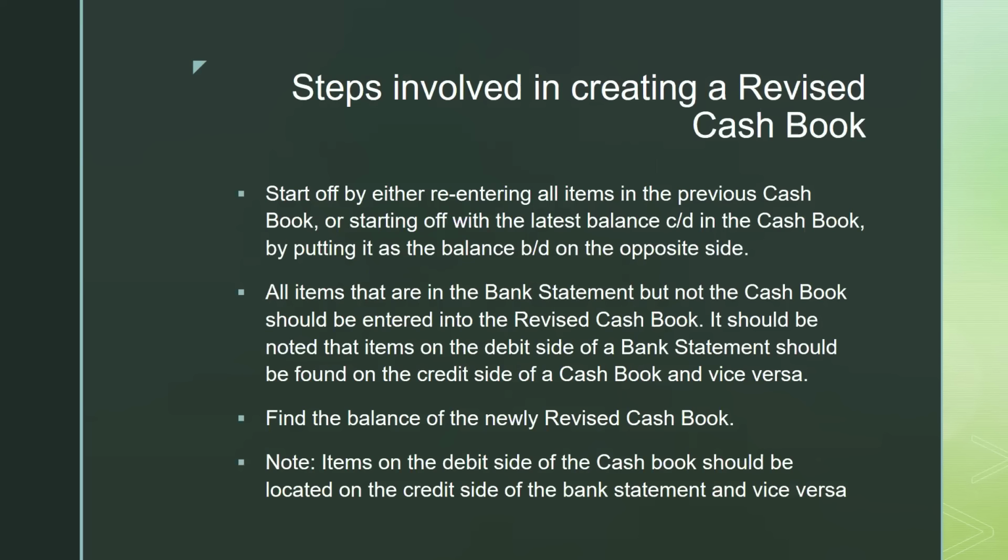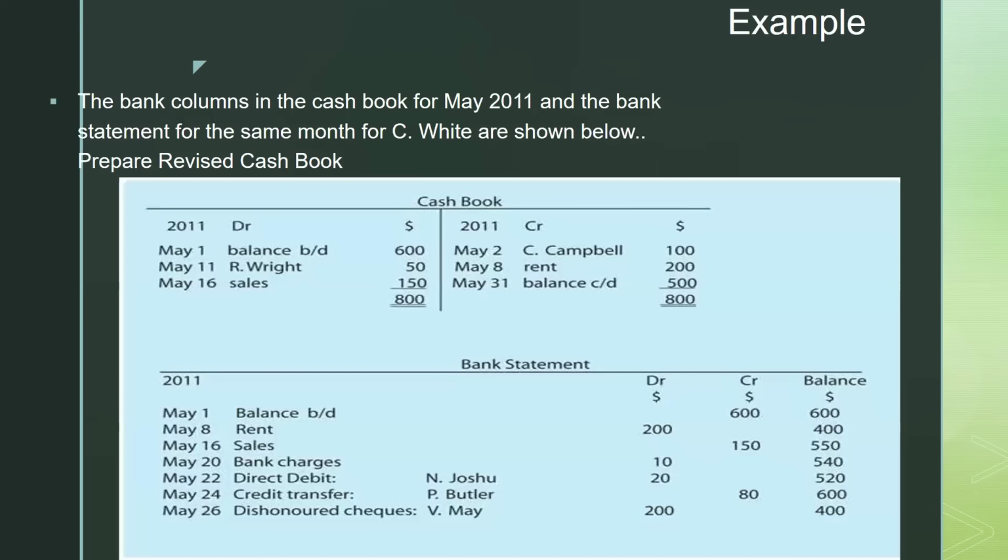Let's take a look to see what you mean. Let's compare these two: the bank column for the cash book for May 2011 and the bank statement for the same amount for C White, as shown below. And we have to prepare the revised cash book.